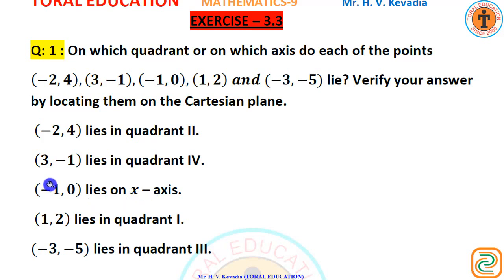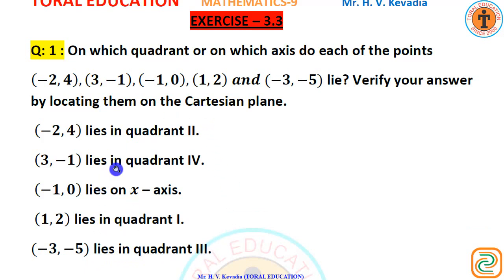If the x coordinate is 0, that is abscissa is 0, then the point lies on the y-axis. Remember, whichever coordinate is 0, the point lies on the other axis. 1, 2 lies in quadrant 1, and -3, -5 lies in quadrant 3.